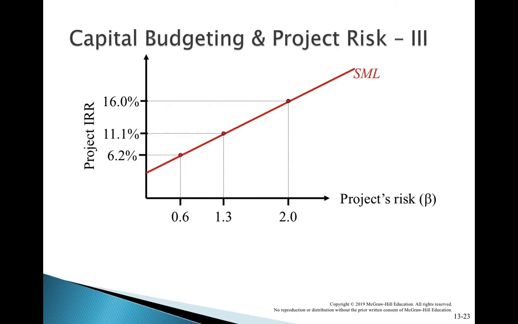Now let us take it. If you are using the electrical utility business, its beta is 0.6. Using the CAPM, its cost of equity or cost of capital is 6.2%.